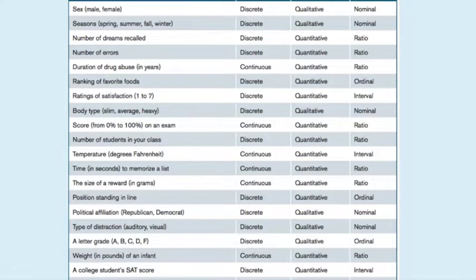It is quantitative because it's numeric, ranked in order, and because it is ranked in an order, it's considered ordinal. And then an example of interval, let's look at temperature in Fahrenheit. This is measured on a continuous scale. So it's a scale measured quantitatively with numbers, and it is interval because there is no true zero.